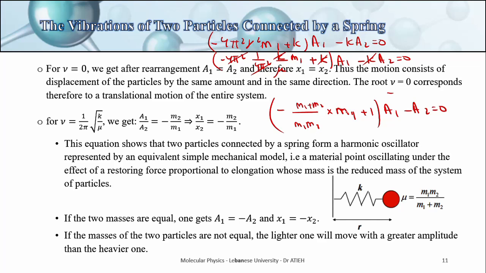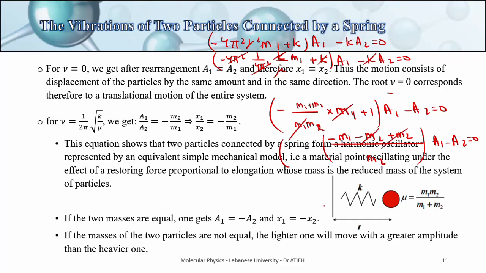So here m1 with m1 is cancelled. We are left with m2 down. So this is m2 here. Sorry for my handwriting. But this fraction here appears to be like this. It's minus m1 over m2. I'm going to add the 1, so it will be plus m2 over m2. So I've made them a single fraction, a1 minus a2 is equal to 0.